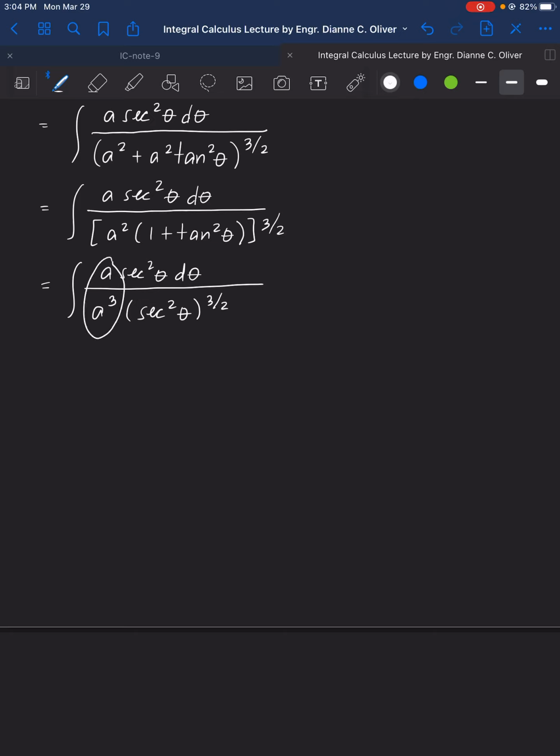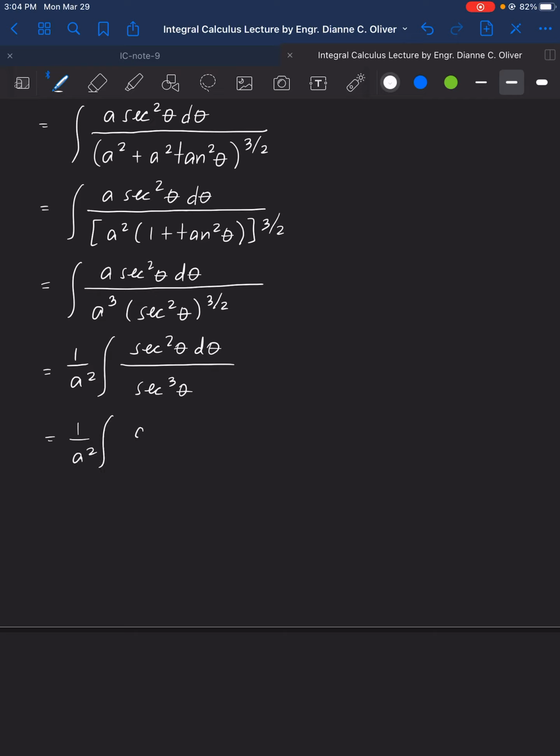Next, since we have a over a raised to 3, that becomes 1 over a squared. Then, what happens here? We have secant squared raised to 3 halves, so we cancel 2. What's left is secant theta d theta over secant raised to 3 theta, then 1 over a squared.